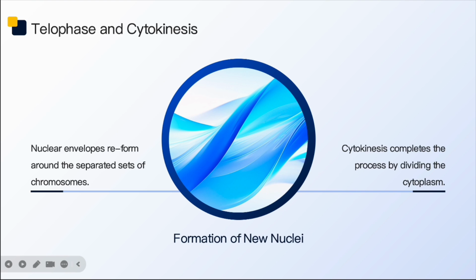The cell changes its shape in preparation for cytokinesis, which differs in animal and plant cells. In animal cells, cleavage occurs through a contractile ring, while in plants a cell plate is formed. Eventually, two independent daughter cells are produced.